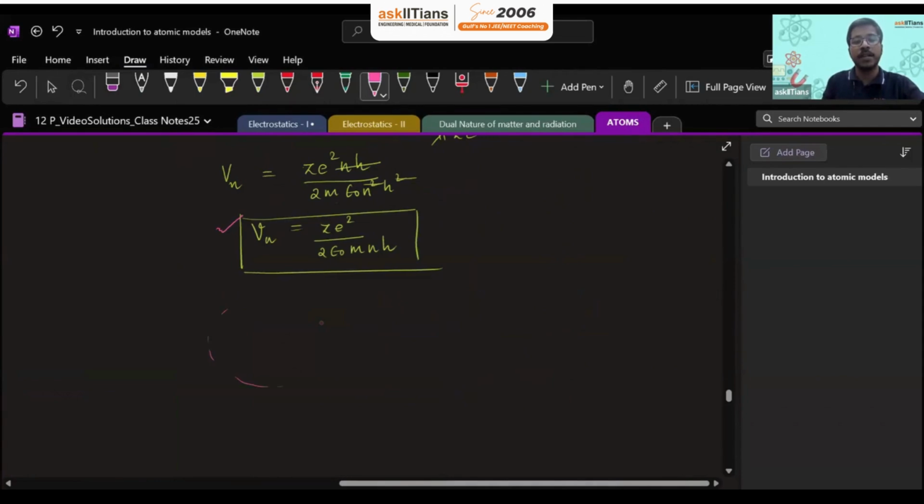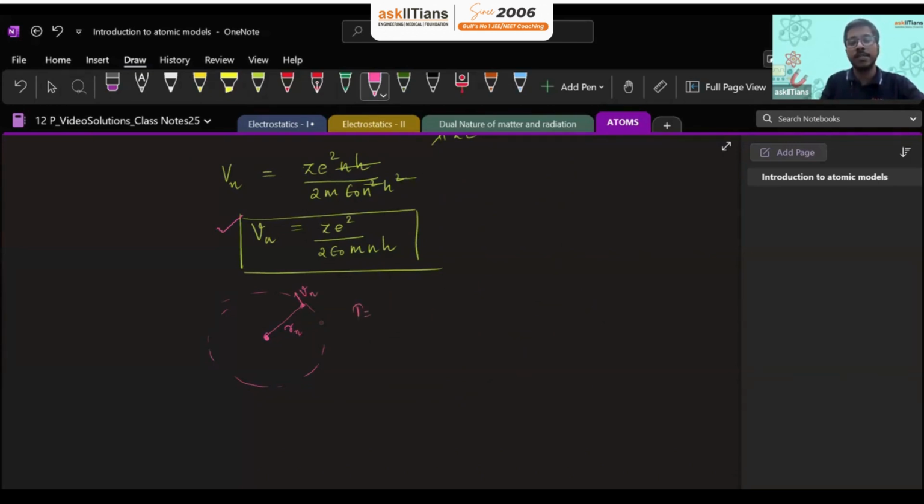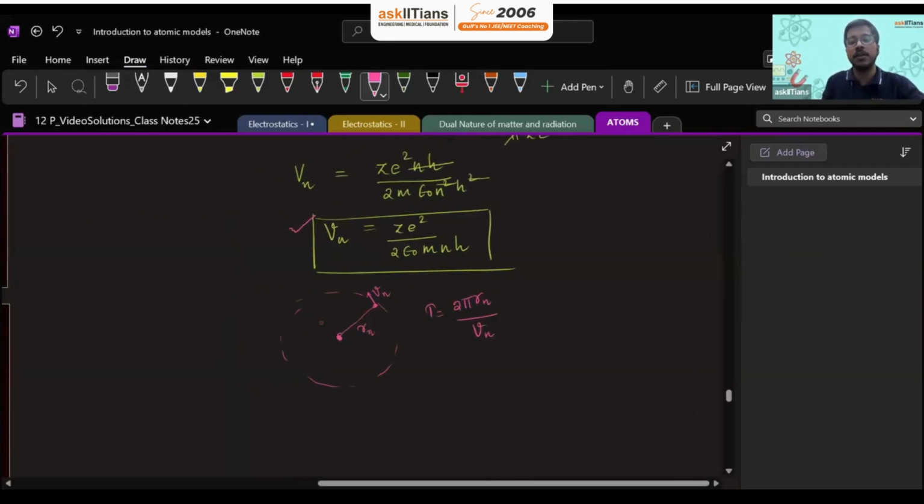If the electron is moving in a circular path orbiting around the nucleus, clearly the orbit having radius Rn, and the velocity is also given. So in that case, the time period is equal to distance by speed. So distance is 2 pi Rn, the perimeter distance covered in one complete cycle, divided by the speed, which is velocity in nth orbit. That will give you the time period of electron in nth orbit.